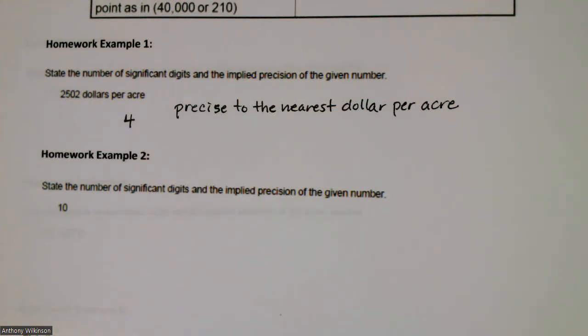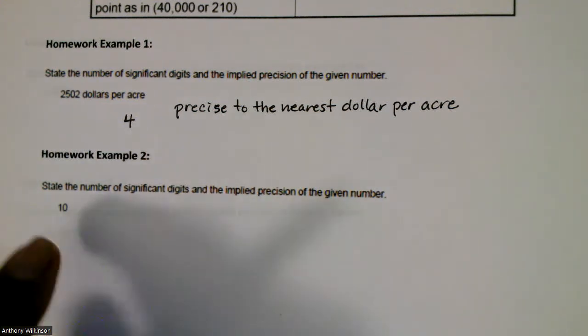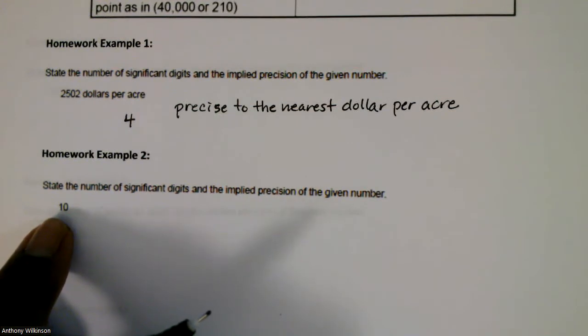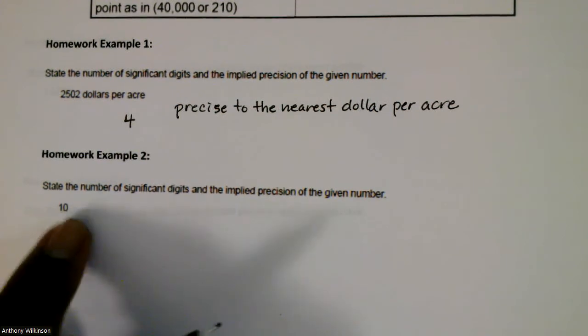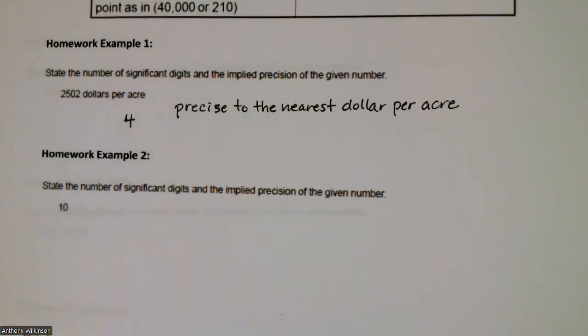All right, in example 2, the number 10. We want to find out how many significant digits there are and the implied precision of that number. Look at the number 10. We know the 1 is significant, but the 0 is not, because there's no decimal point behind it. The rule says zeros to the right of the last non-zero digit, but before the decimal point, as in those numbers I gave you, are not significant unless otherwise stated.